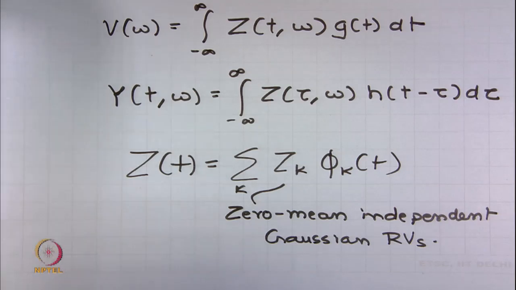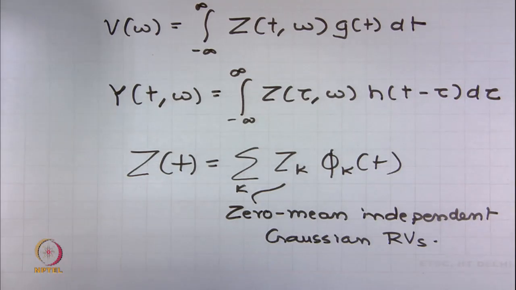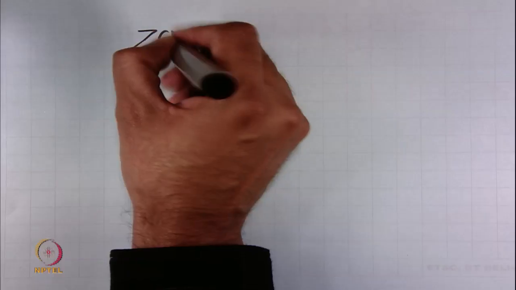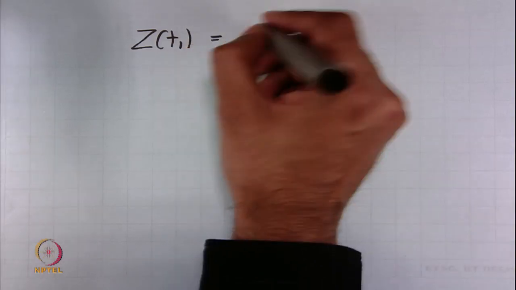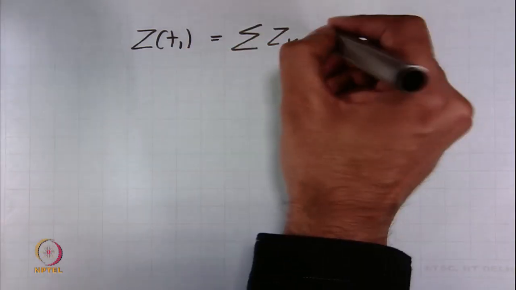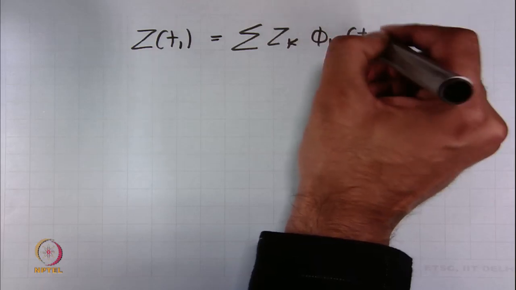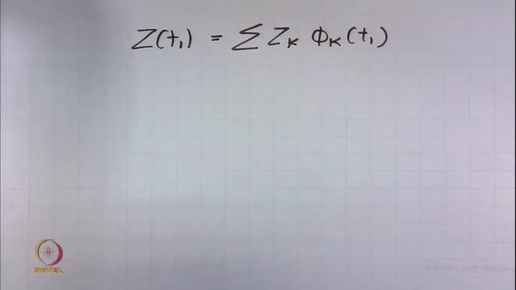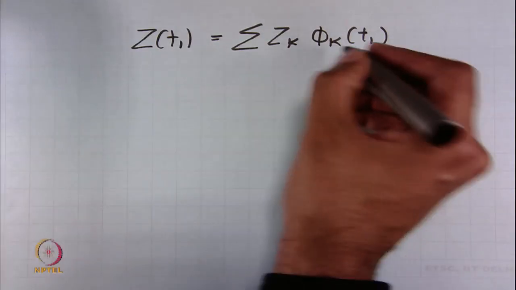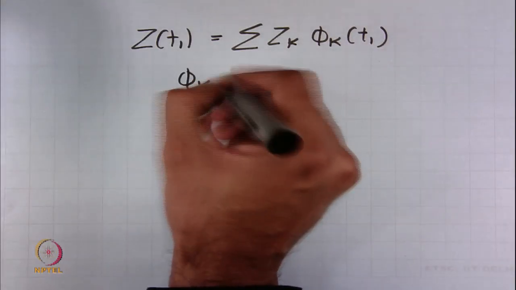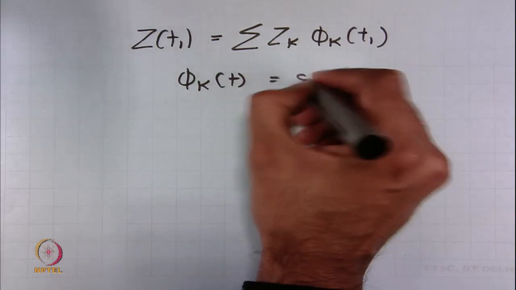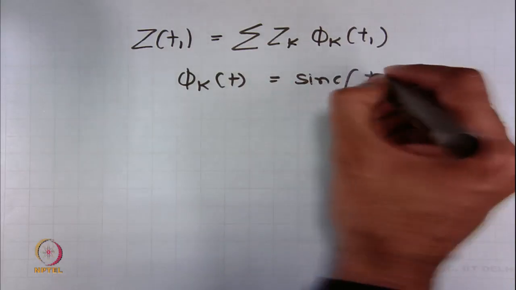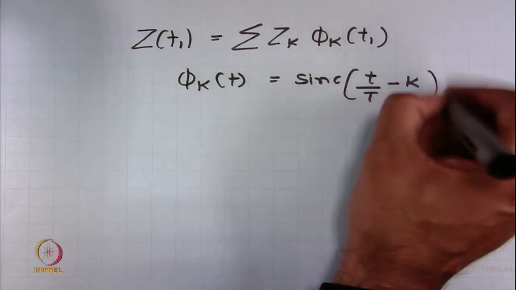Okay. So, this framework can be used to model all interesting Gaussian processes. It cannot model all Gaussian processes, but it can model all the Gaussian processes which are of interest to us. So, let us revisit why this can generate a Gaussian process. Let us take a sample of that process. And we have also said that most of the time we would take these orthogonal functions to be T spaced sinc functions.